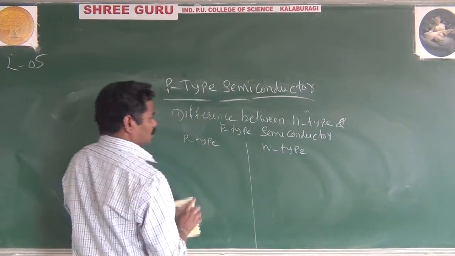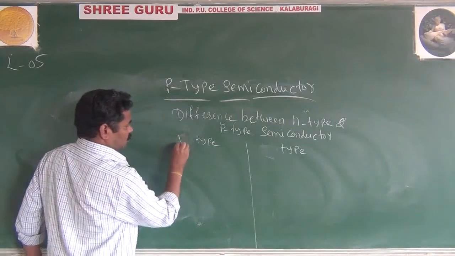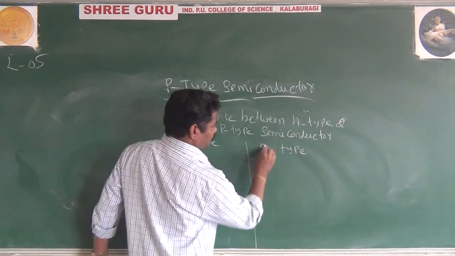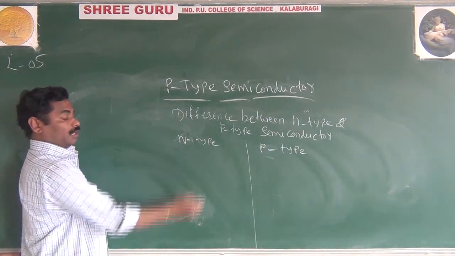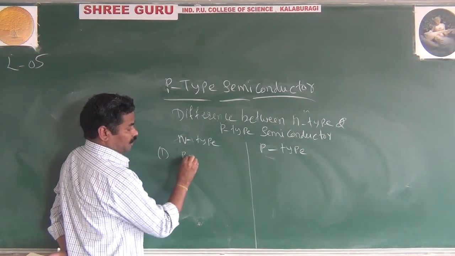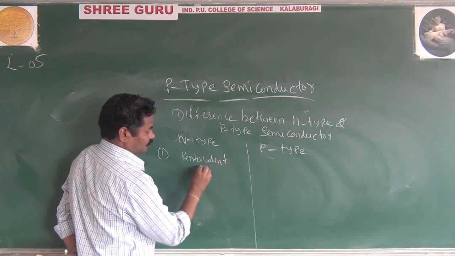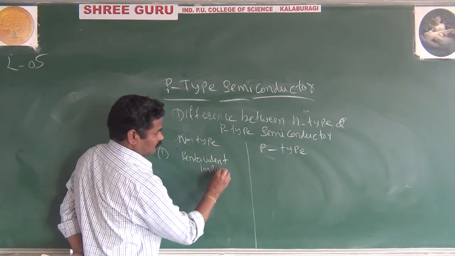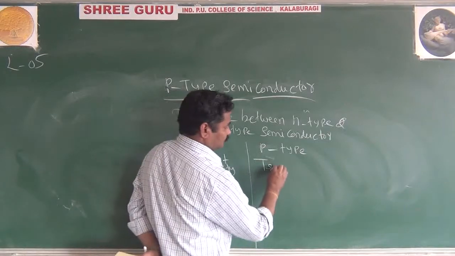What are the differences between the N type and P type semiconductor? As usual, we know in N type semiconductor we are adding the pentavalent impurities. The first one, adding the pentavalent impurity, and here we are adding the trivalent impurity.